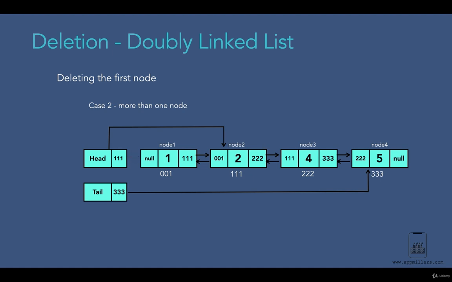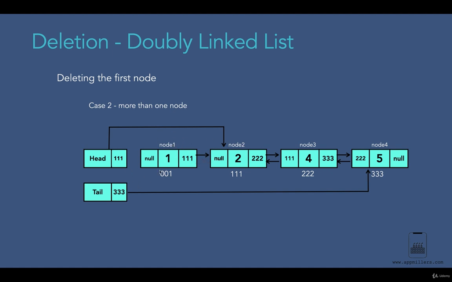Now the next step that we have to do: we know that in a double linked list, the first node's previous reference is always null. So in this case, we have to update the second node's previous reference to null, because this is going to be the first node in our double linked list. So I am going to set the previous reference of node 2 to null. Now if I set the previous reference of node 2 to null, the link between node 2 and node 1 gets destroyed.